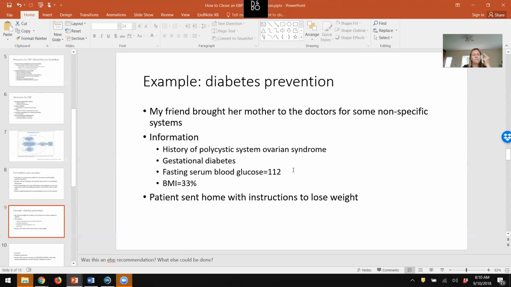She was just sent home by her practitioner with some instructions to lose weight. My mom is also a nurse. I thought she might do well with some evidence, because if I just told her something, she might not listen. But if there's something written about the best ways to lose weight, she might follow that advice a little better.